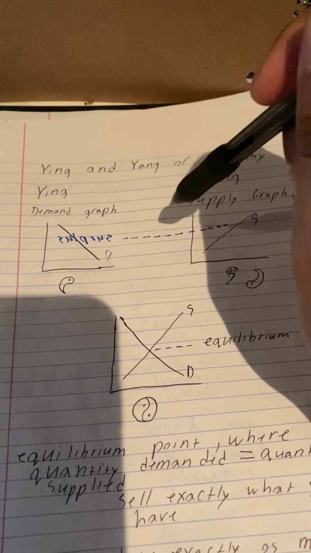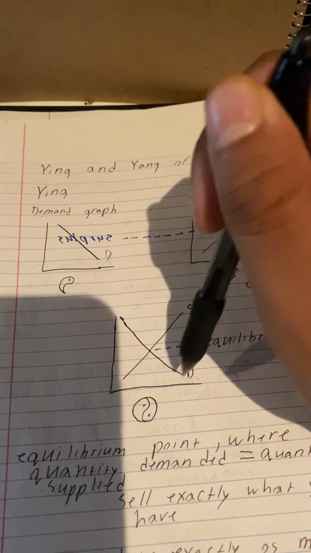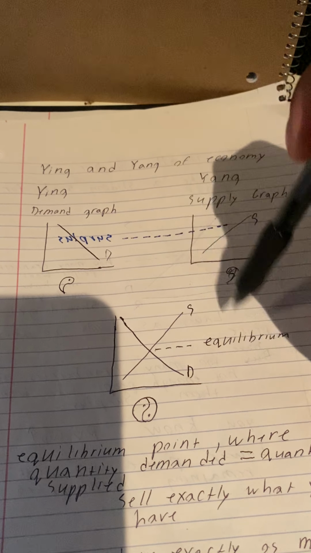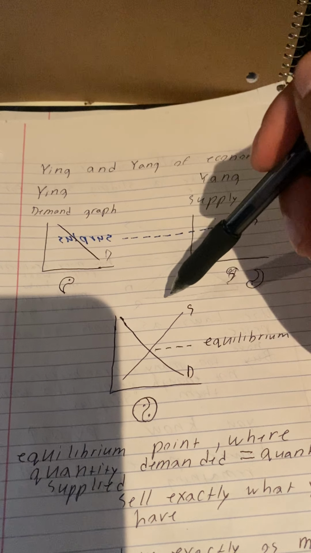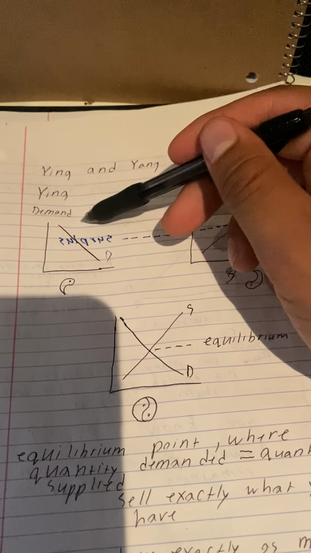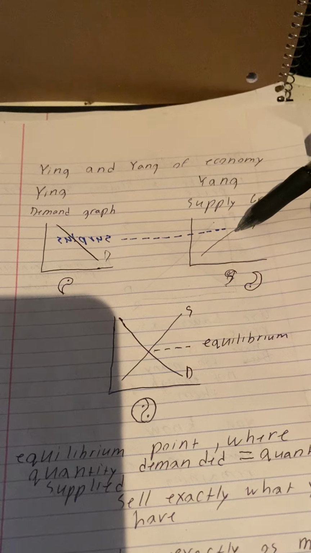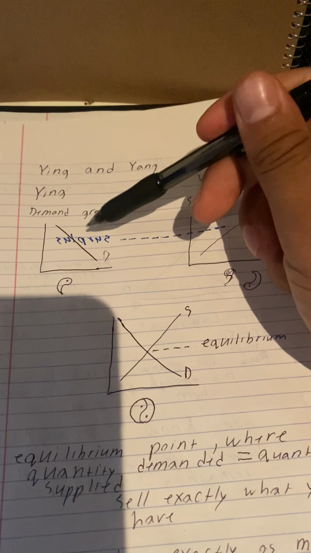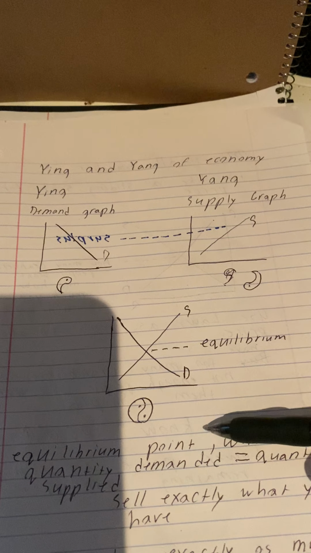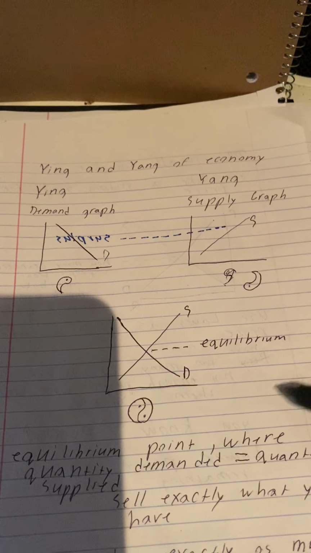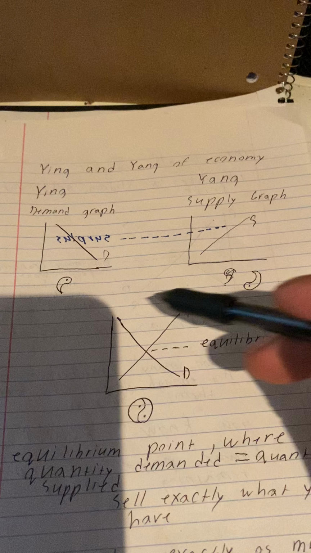And your book gives you the picture of the whole already. You've probably seen this in your book. Now, this graph is made up of the demand graph and the supply graph. They're basically joining up the yin and the yang to make one whole graph, the whole harmony.